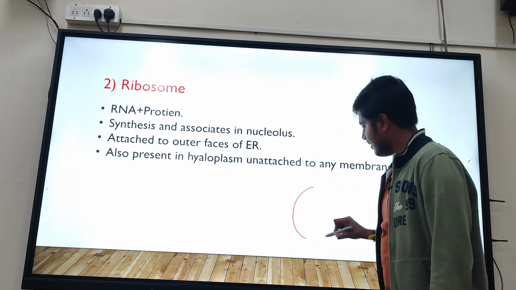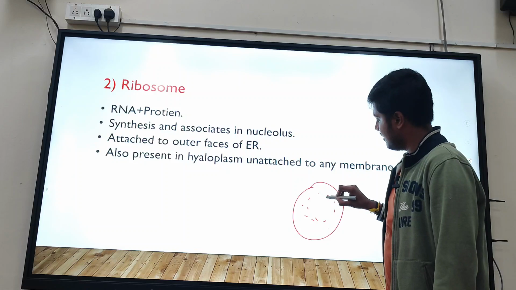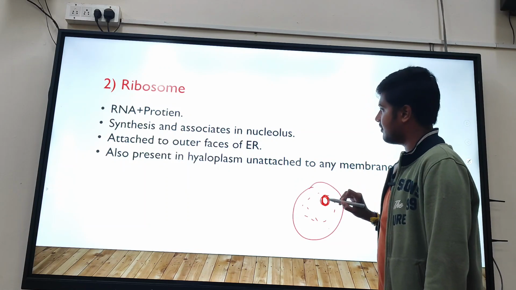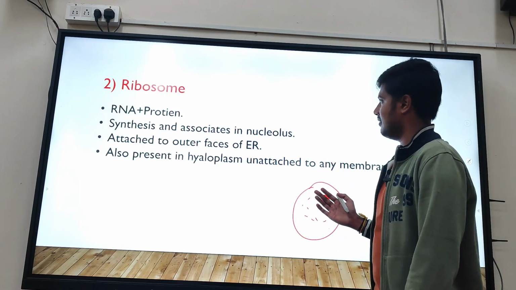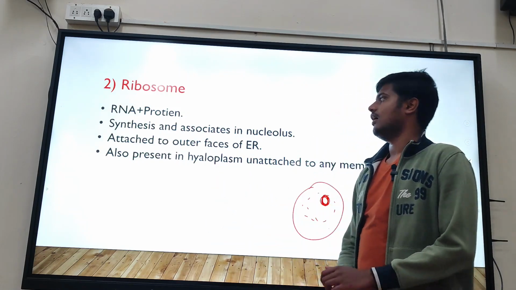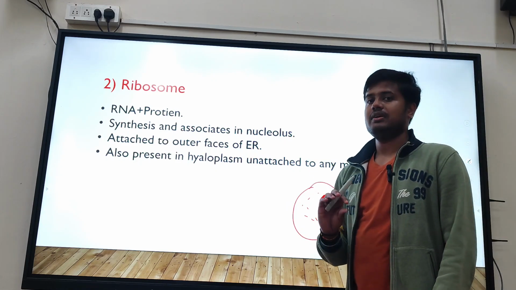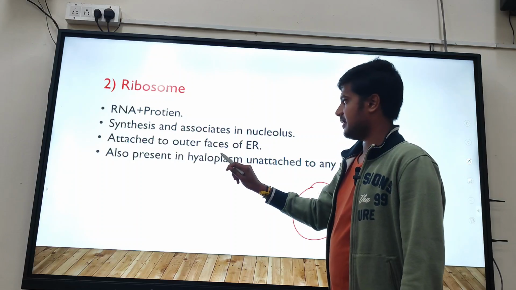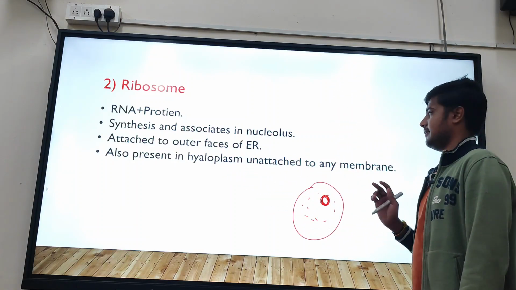In the nucleus, many chromatin networks are there, and the nucleolus is present. Ribosomes are attached to endoplasmic reticulum and are also present free in the hyaloplasm, unattached to any membrane.